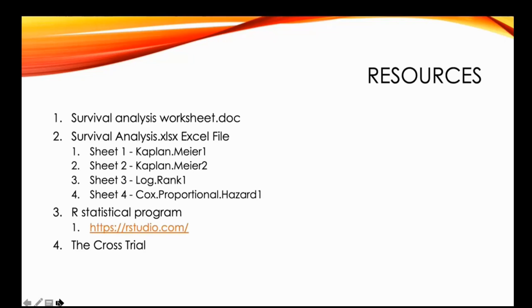The next is just a website to download R. This is going to be a mini tutorial on how to do survival analyses in R. I've used R here because it is available for free to everyone, and you can easily find directions on how to do simple survival analysis coding online. And then I'm just going to use the cross trial as a practical example of survival analysis.